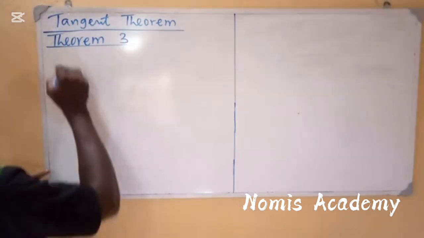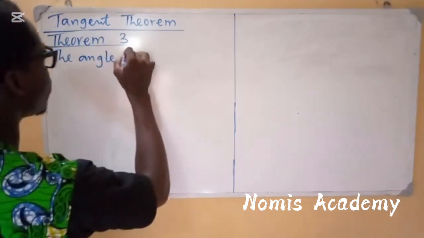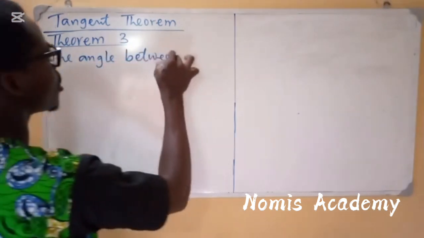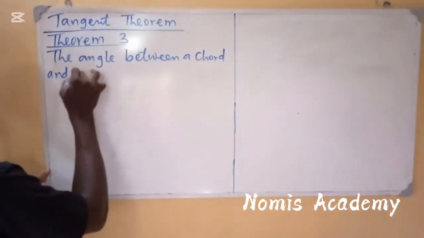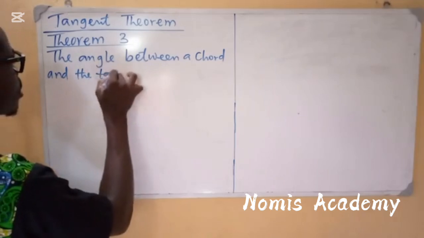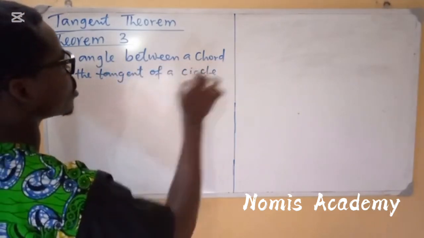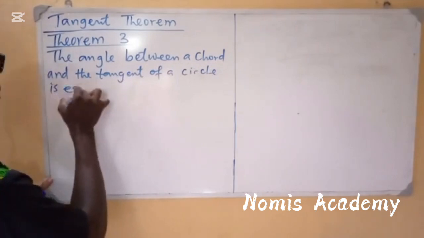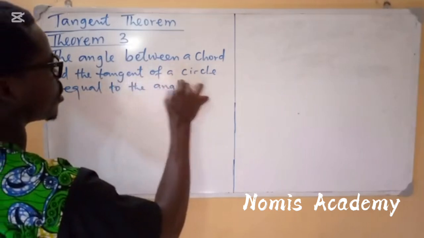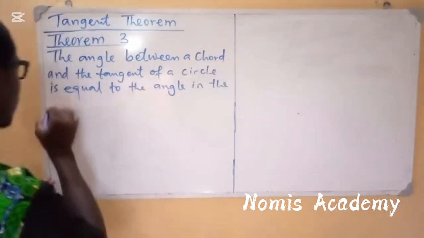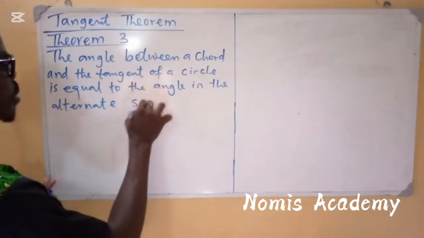It says that the angle between a chord and the tangent of a circle is equal to the angle in the alternate segments.